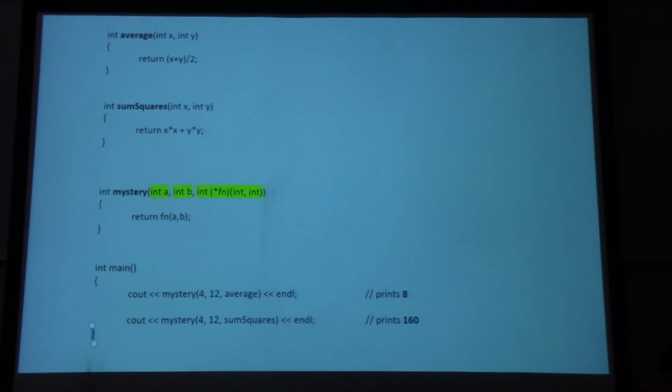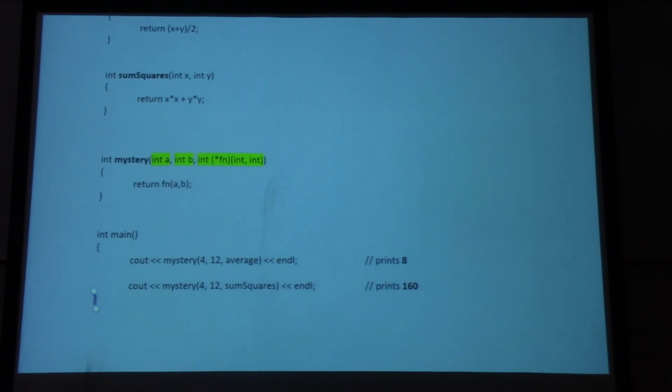And then, what does mystery do? Mystery calls the function. So mystery is a function which calls a function it doesn't really know what it is, passing in the parameters a and b. When we look at the main method here, you see we say cout mystery 412 average.